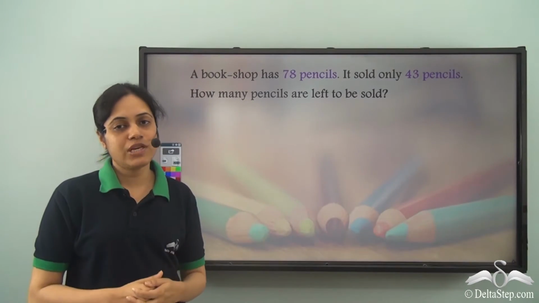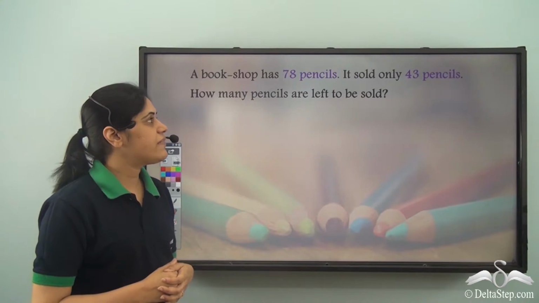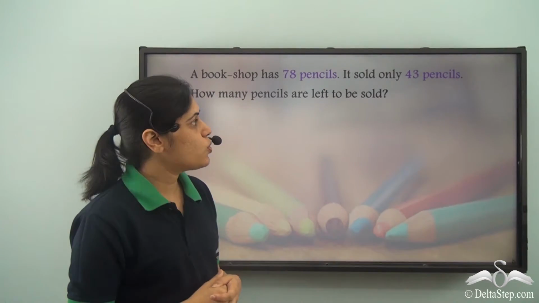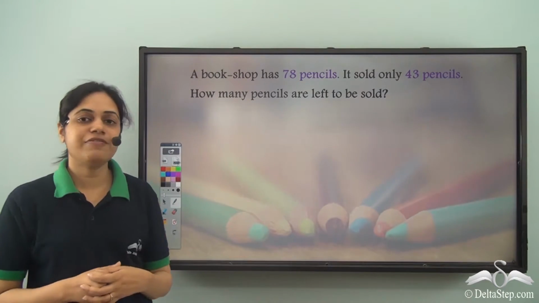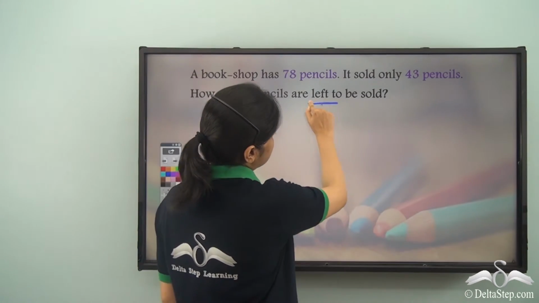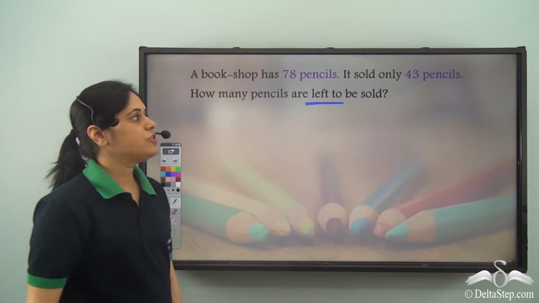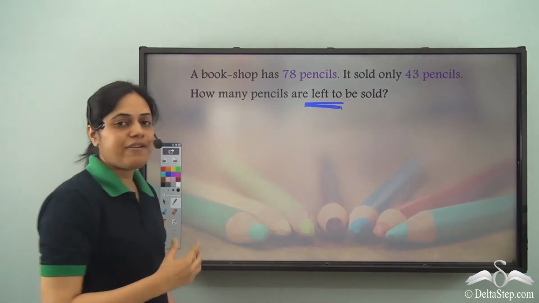Now let's come to another word problem. It says a bookshop has 78 pencils. It sold only 43 pencils. How many pencils are left to be sold? So the keyword here is left to be sold. So how many pencils are left?